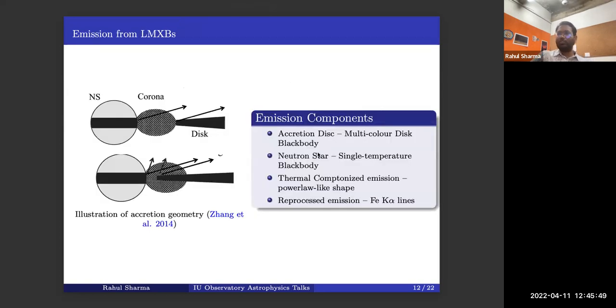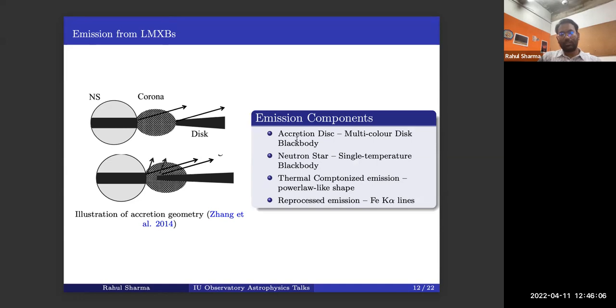Before going to the spectrum analysis, I will briefly describe how the emission comes from this low mass X-ray binary system. This system consists of mainly three emission components: the accretion disk, the neutron star surface, and the corona.